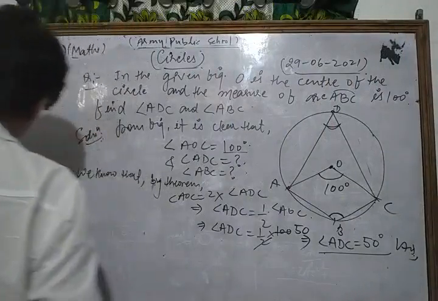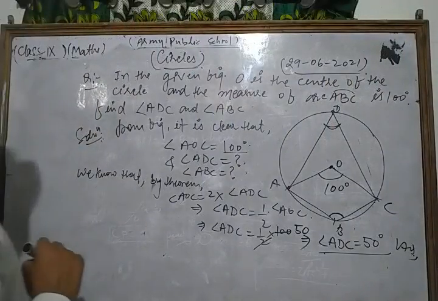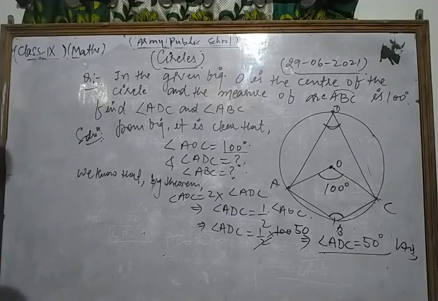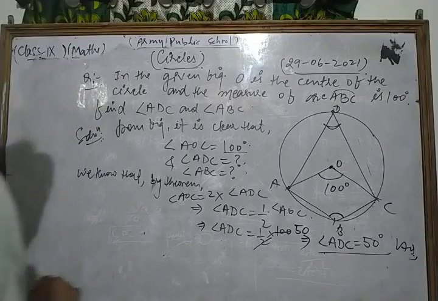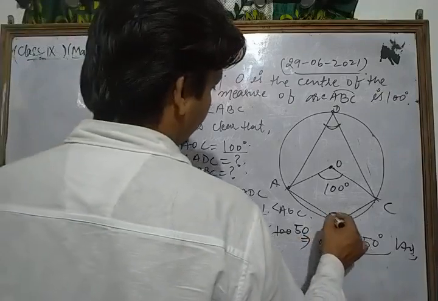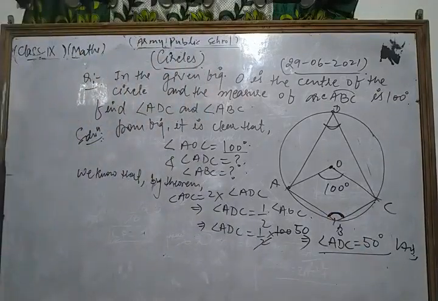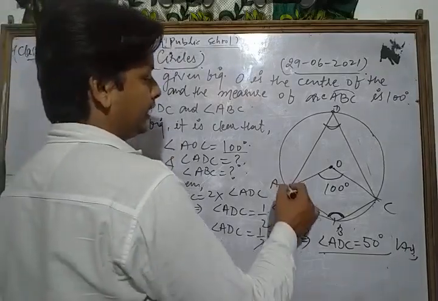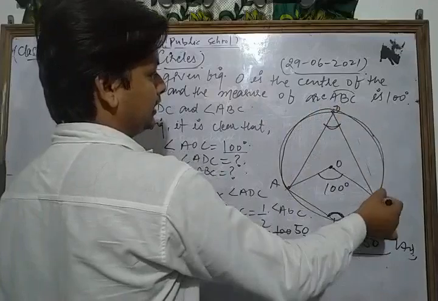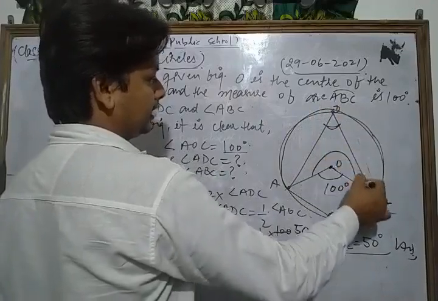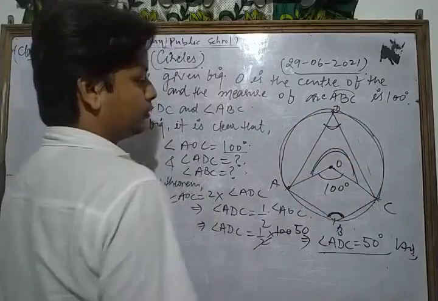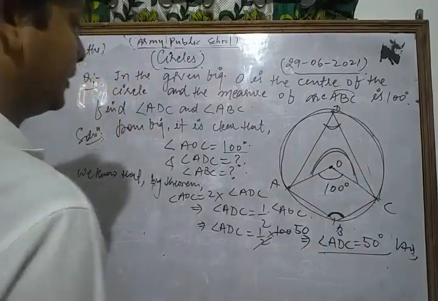Now dear students, we find angle ABC. Now look what I do for that. Here, if we take this arc, then the angle subtended by that arc, meaning the reflex of angle AOC, is 2 times the angle ABC.